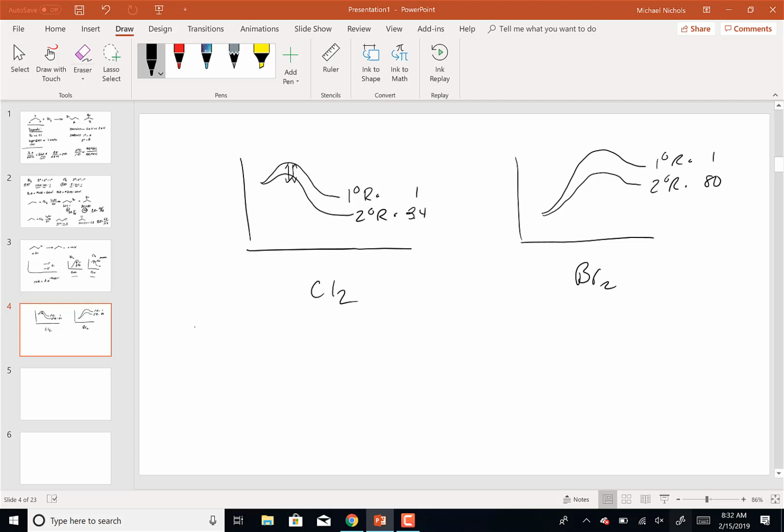So for our selectivities, if we choose a temperature, typically greater than 300 degrees Celsius, because mathematically that all works out, basically then our tertiary to secondary to primary would be like 1 to 1 to 1. So the rates are going to be nearly identical. Mathematically they cannot be identical, but they're going to be close.